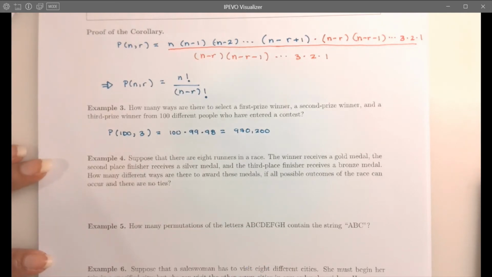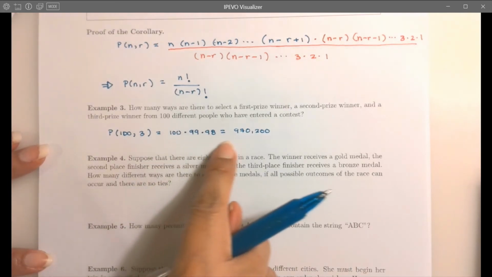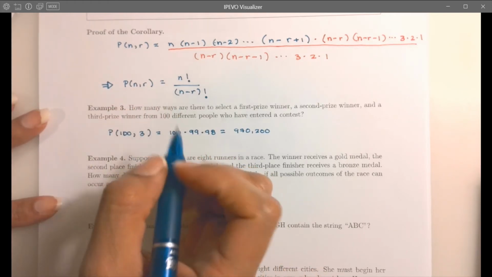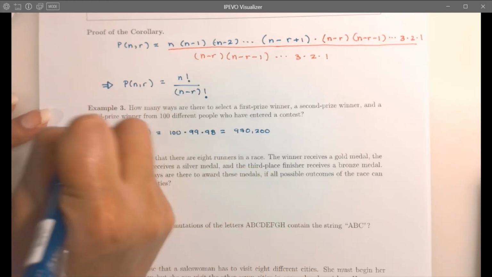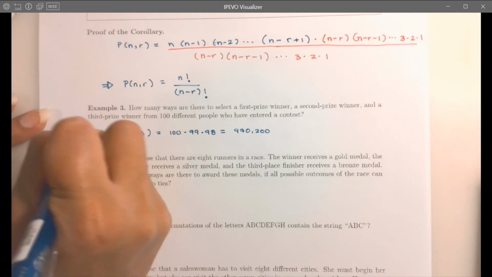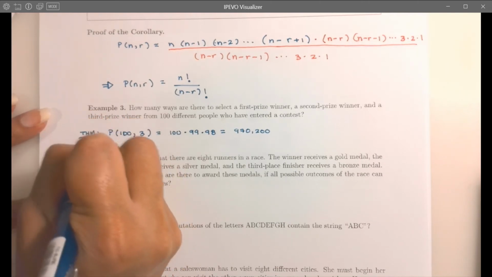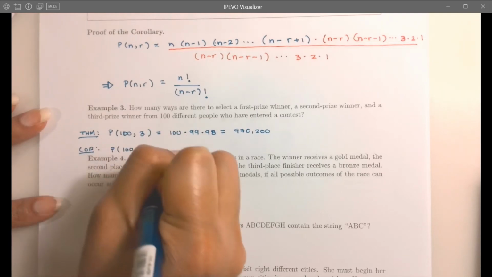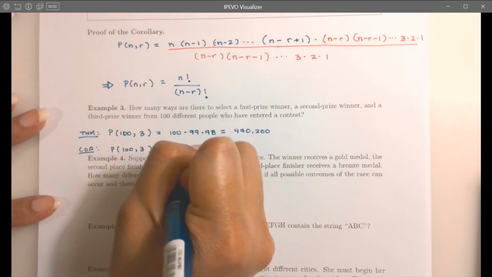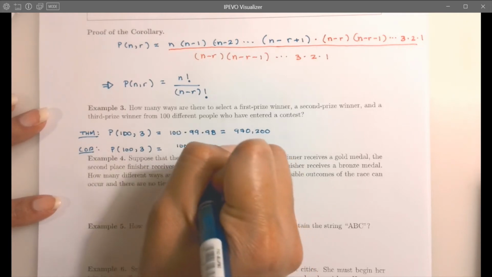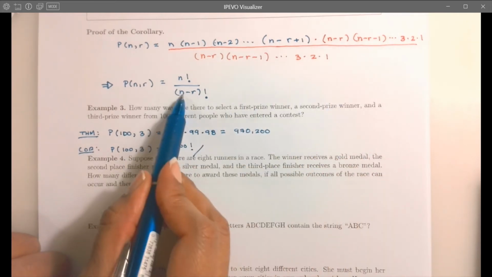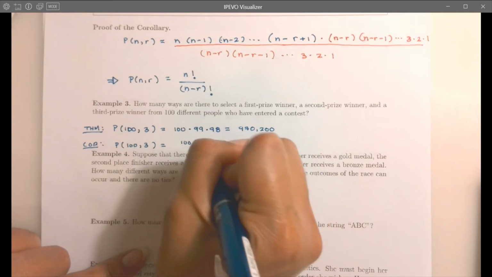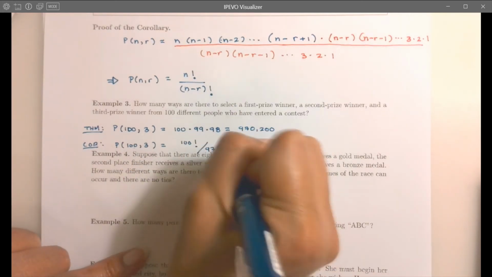Now, if you want to use the corollary, because here essentially what we did was apply the theorem, so this is by the theorem, and this is using the corollary, you're going to end up having the same thing. This would be 100 factorial divided by n minus r factorial. So this is n, this is r. 100 minus 3 will give us 97 factorial.